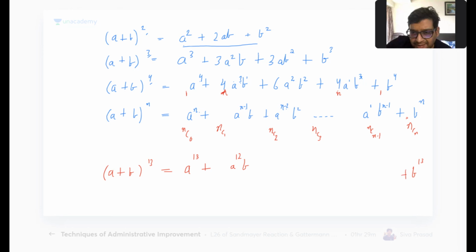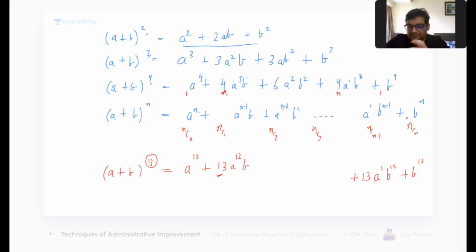And the second last term will be a to the power of 1 and b to the power of 12. Interesting part, what will be the coefficient here? The coefficient will be n or whatever was the power here. So this will be 13a to the power of 12 b. What will be the coefficient here? It will be 13a b to the power of 12.